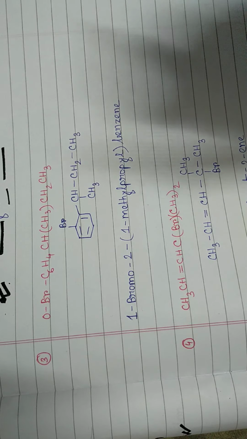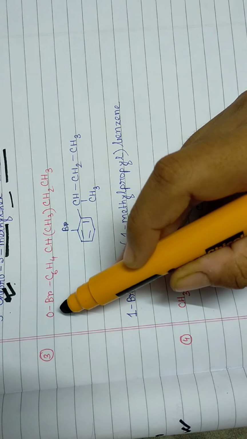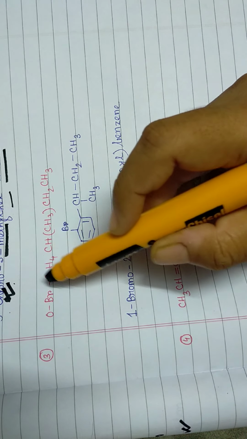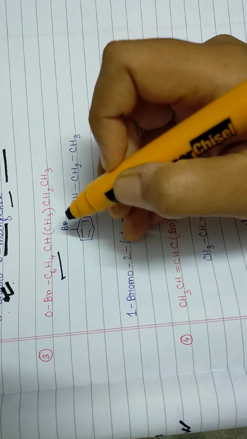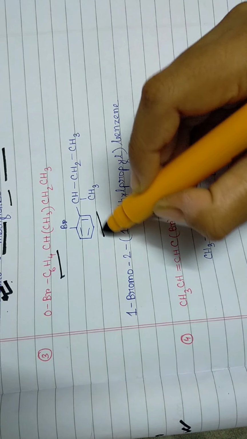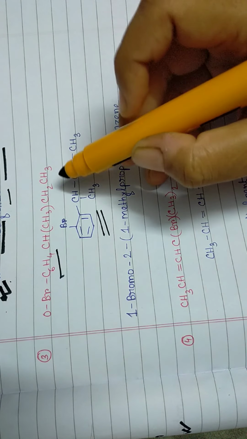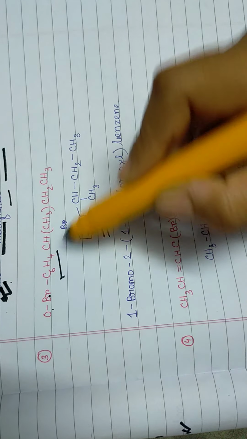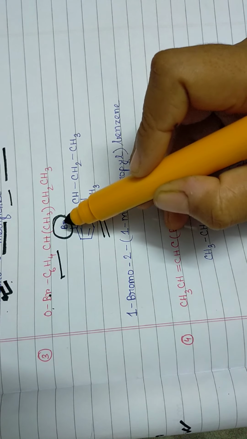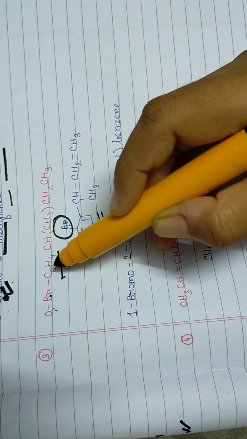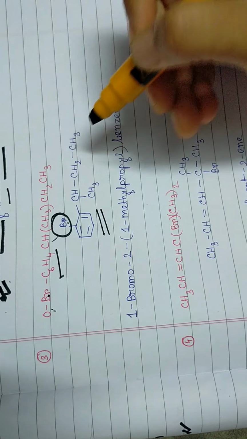Now the next one. Here we can see ortho bromine and a benzene ring, C6H4, that means a phenyl ring. So we have written benzene, and after that I have written bromine here. According to bromine, the ortho position will be for this one.